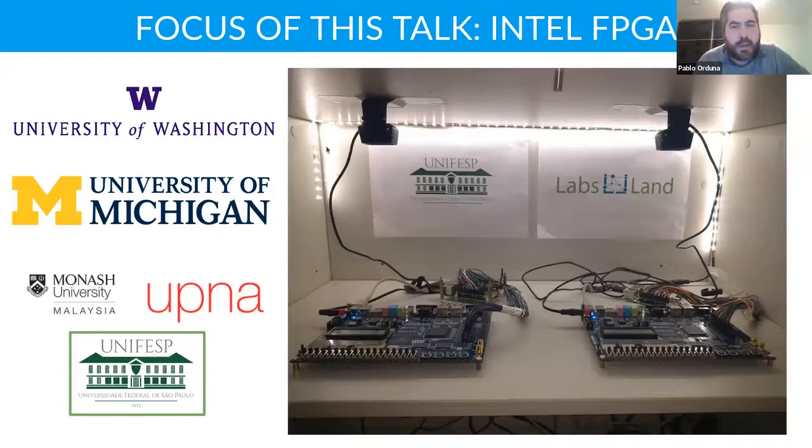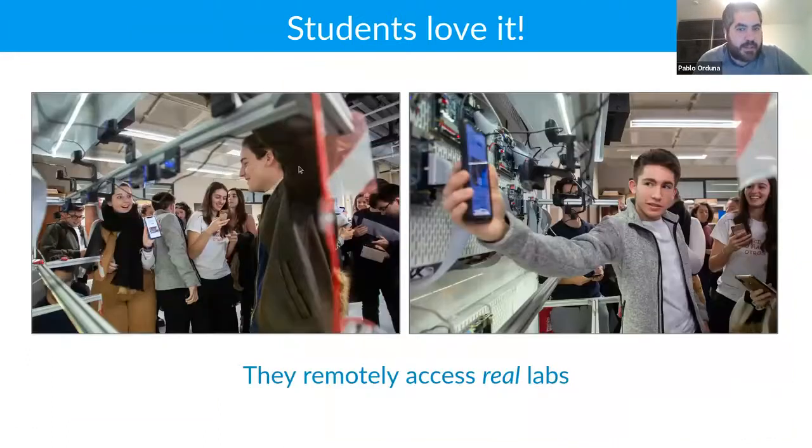So students go to any of the available laboratories. Students love it because they see that, I mean, in this case they see it physically, but typically they see it only remotely, that they are using those laboratories. But they see that it's actually 100% real.